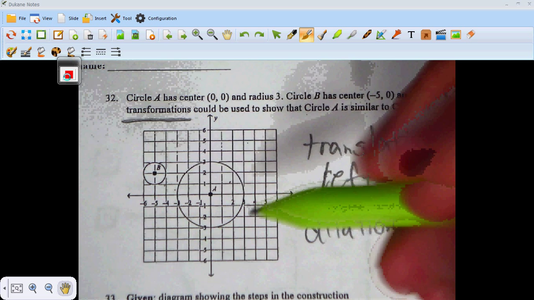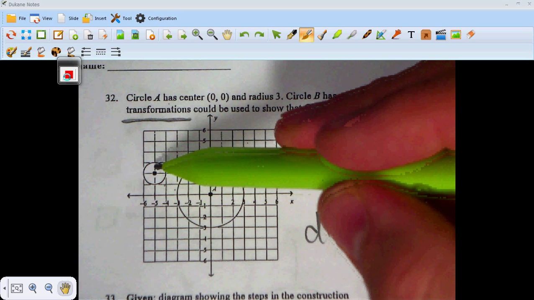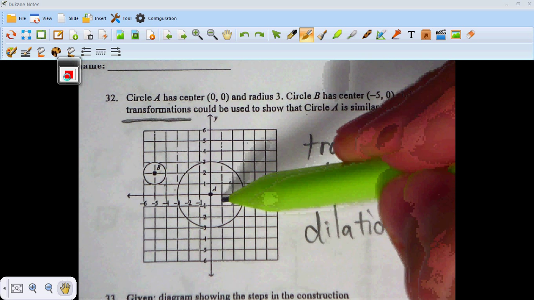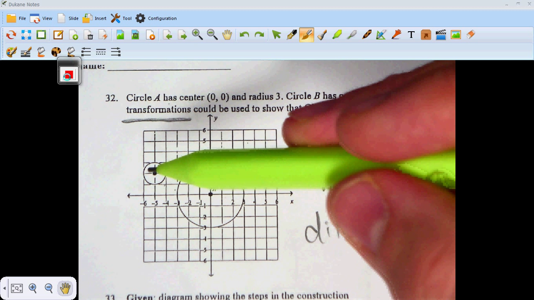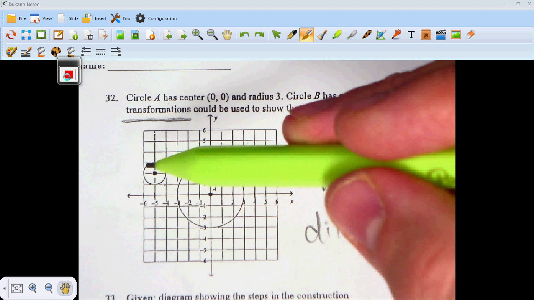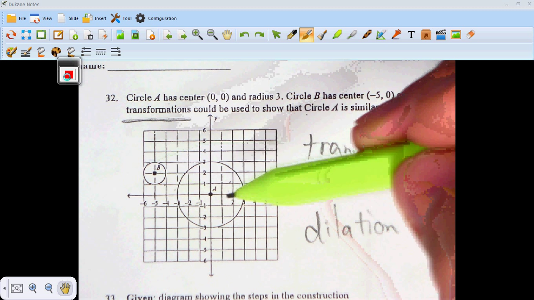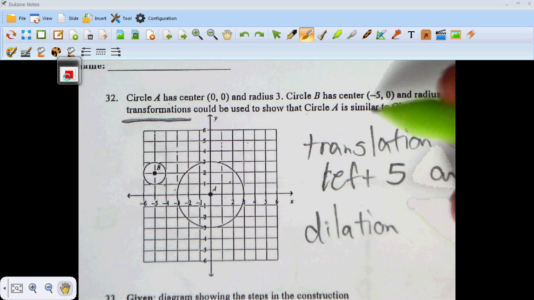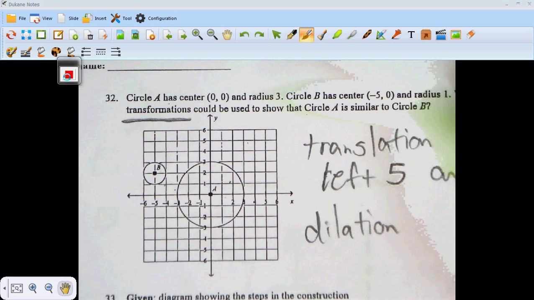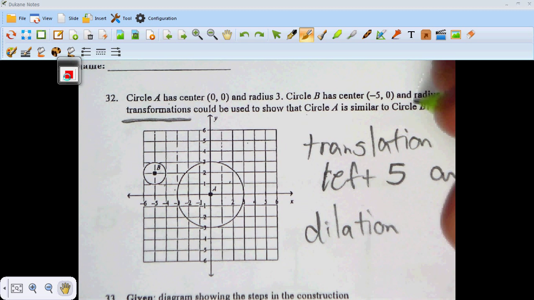Now, is circle B bigger or smaller than circle A? Smaller. What is the size of circle B compared to A? Look at your radii of both of them. A third. Not how we moved, but look at the radii. The radius of B is 1.